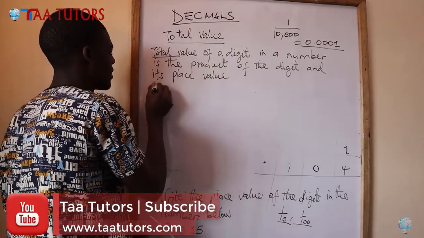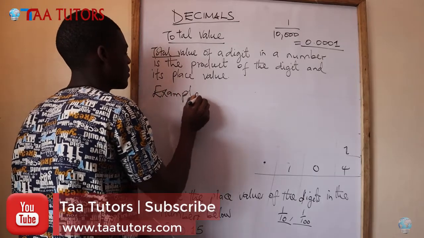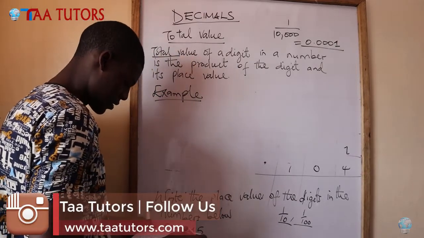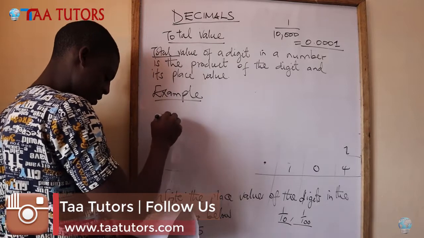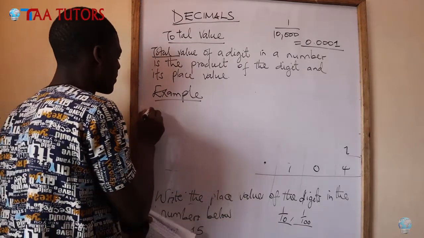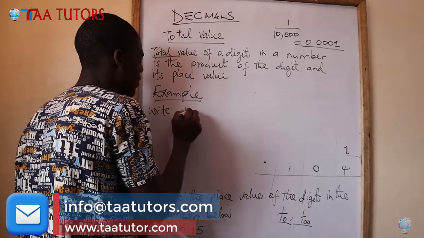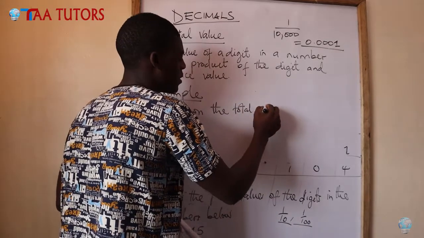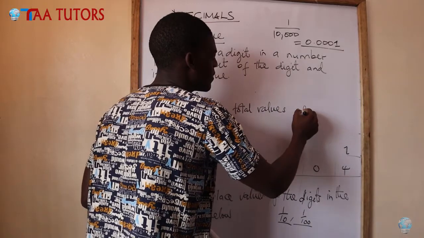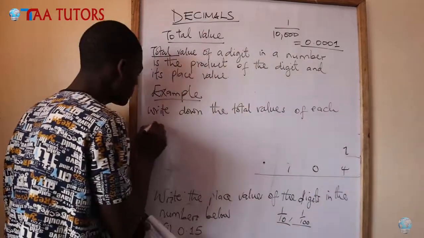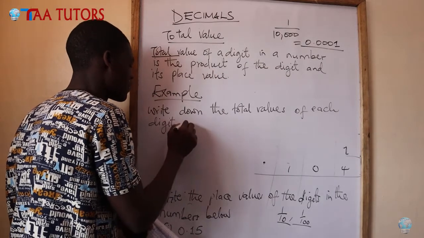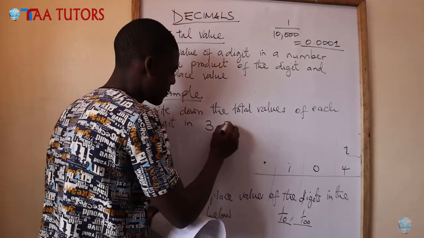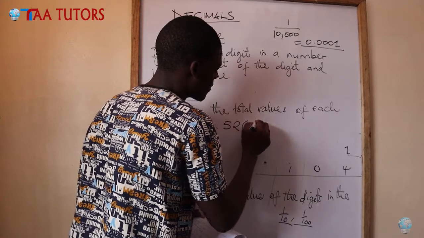We have an example, and our example says, write down the total value of each digit in the number given, which is 3.5267.